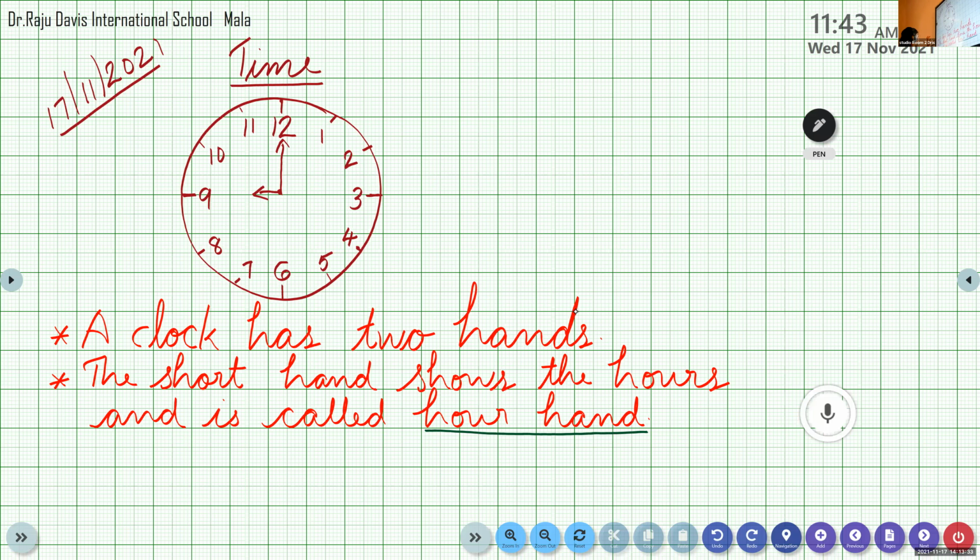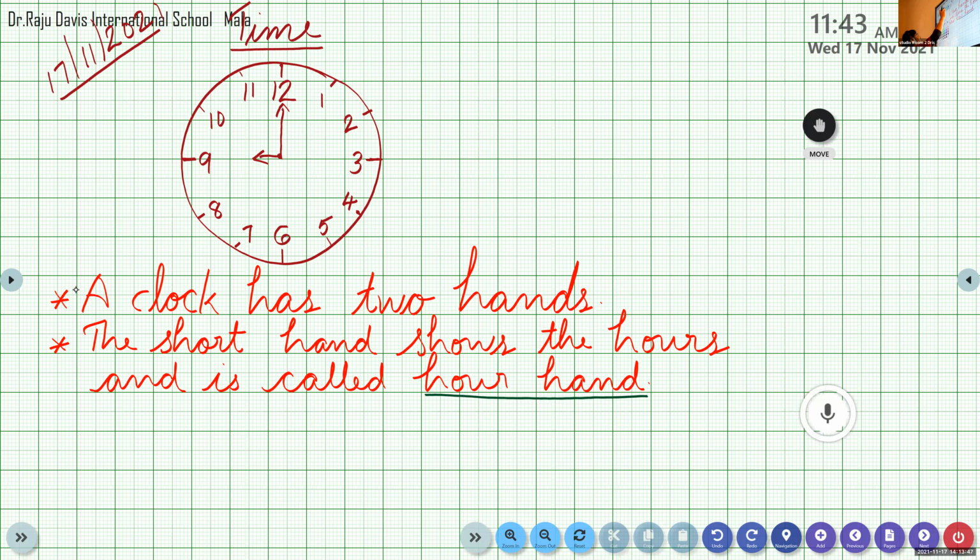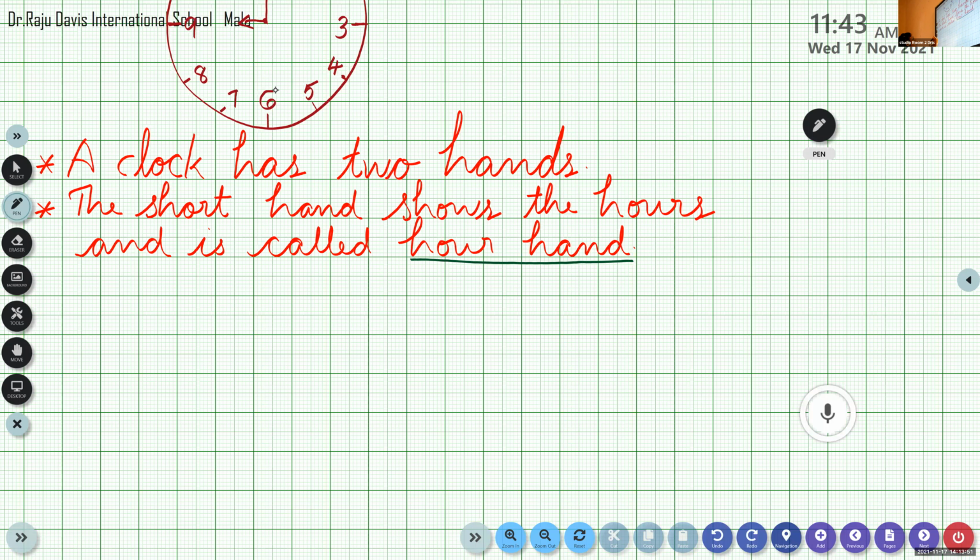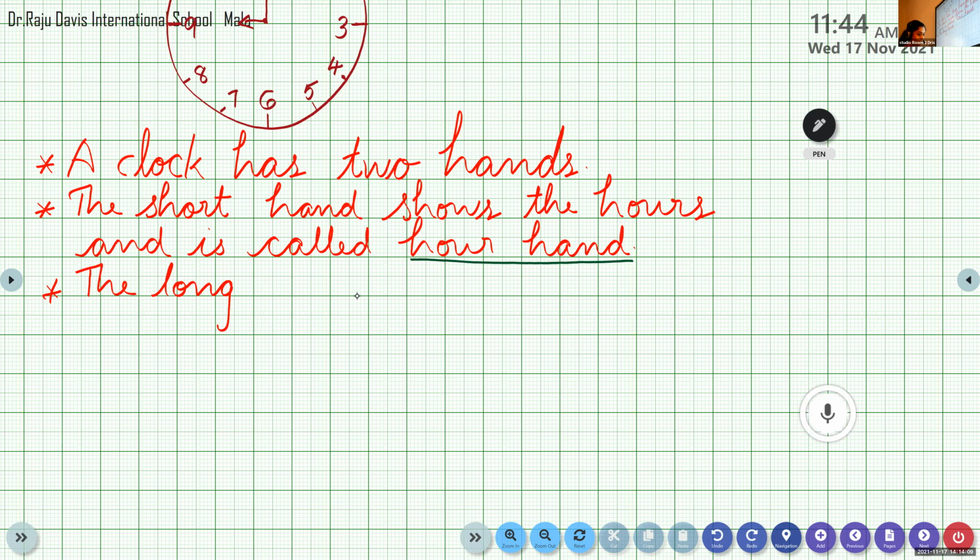The next point is the long hand. What does the long hand show? Minutes, isn't it?